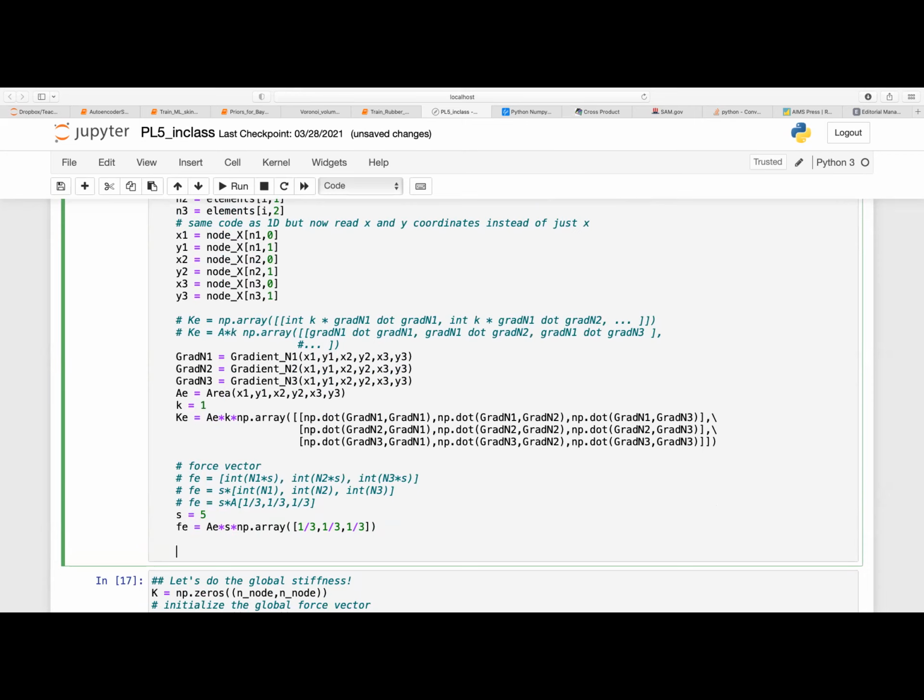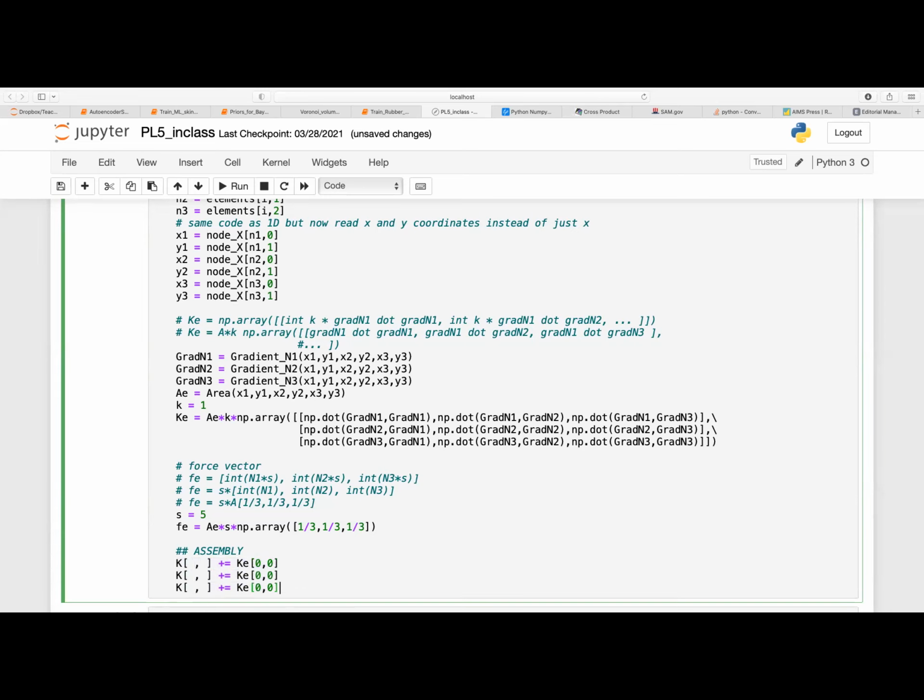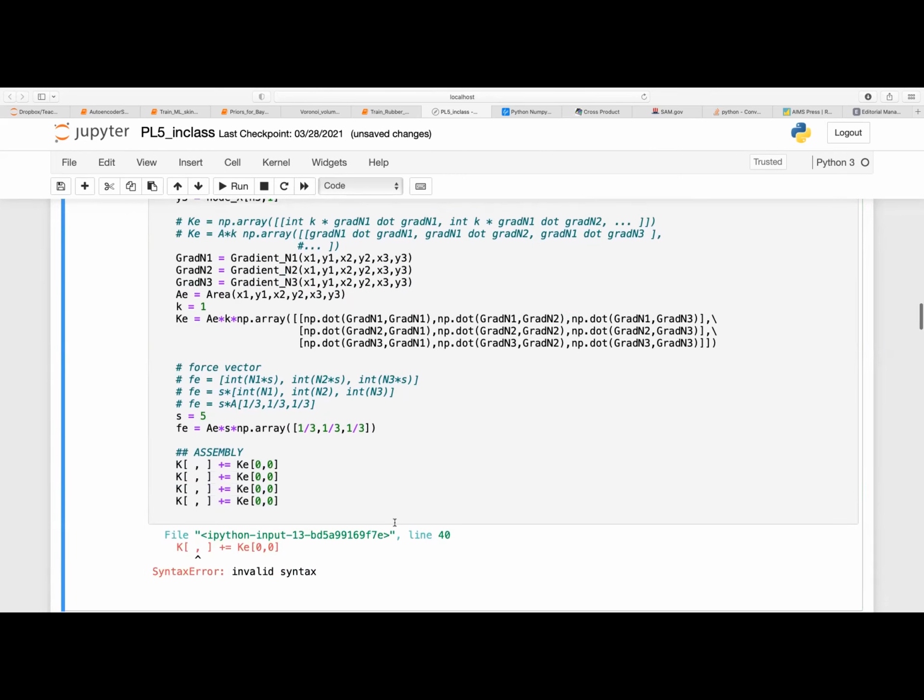All right, so now the assembly. Again, it's below, I'll let you do it, but now here, I need you to tell me for every one of these entries, so the 0,0 entry, 0,1 entry, the 1,0 entry, well, I still need the 0,2 entry, there's 9 of these.